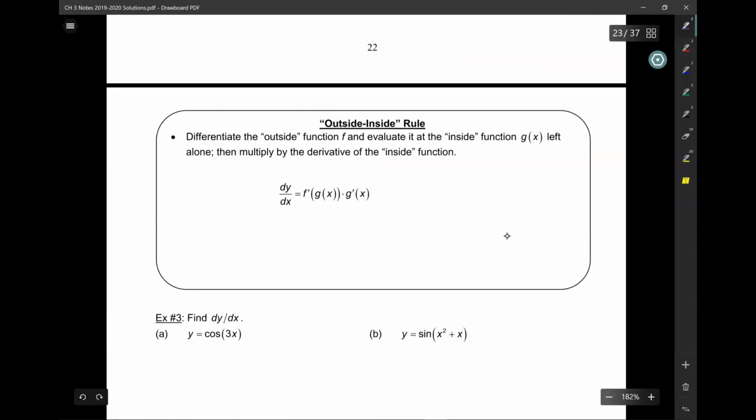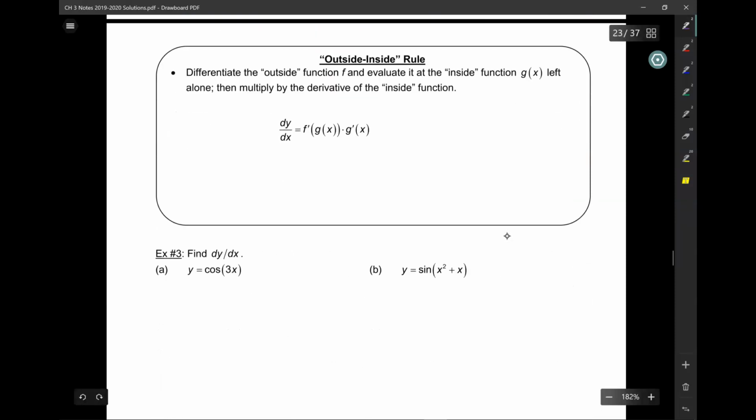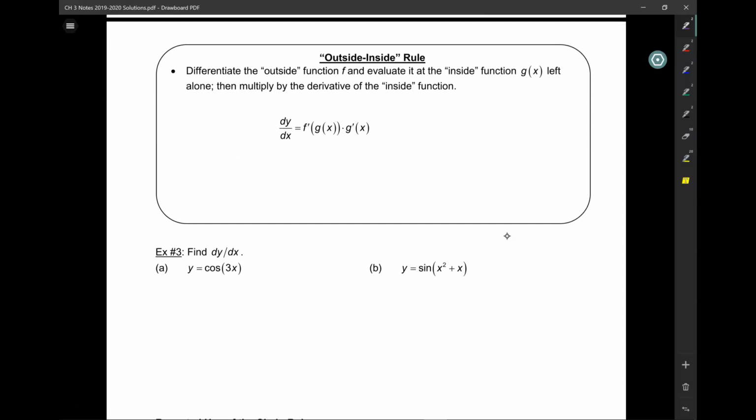Okay, so the outside-inside rule. Basically this is what I've been talking about this whole time. When you have dy dx, first you have to find the derivative of the outside function, but you have to keep the inside the same.